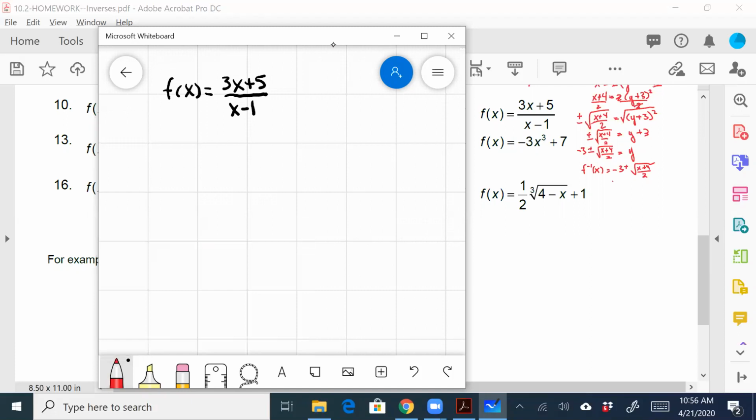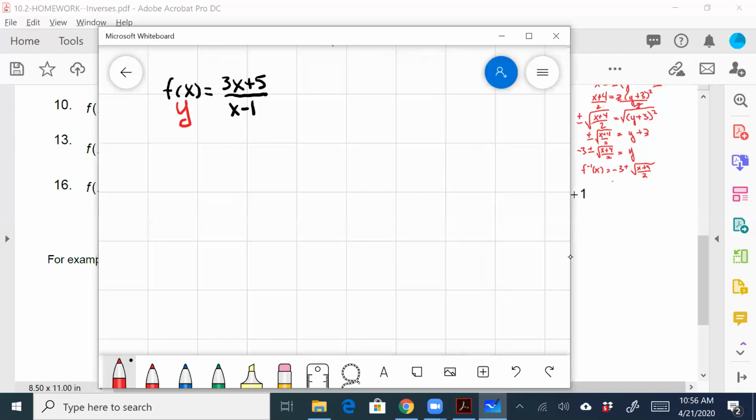Do you need to like get the x alone? We want to substitute out f of x. Instead of f of x, we write. Don't you write the inverse, like x minus 1? f of x is y, right? Yep.